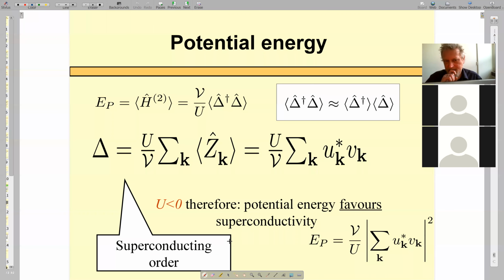Now let us deal with potential energy. Formally, we need to compute the average of this product of two operators.